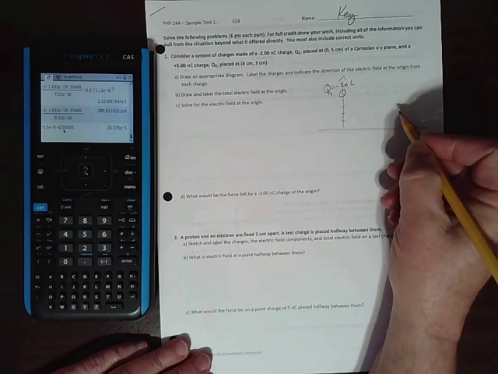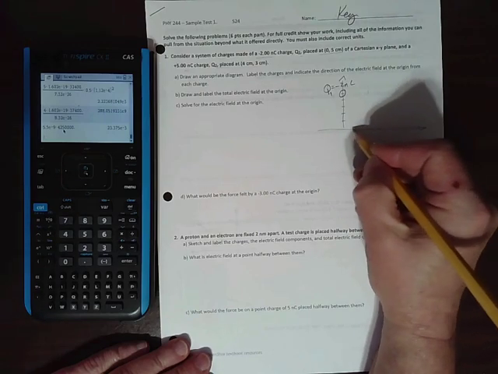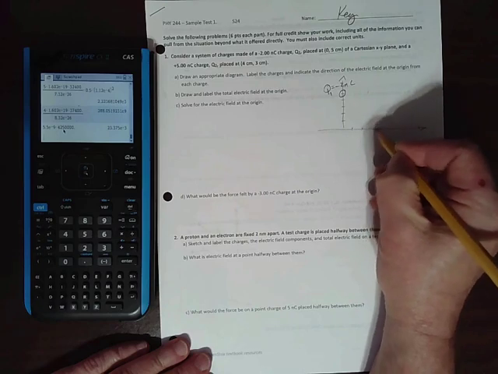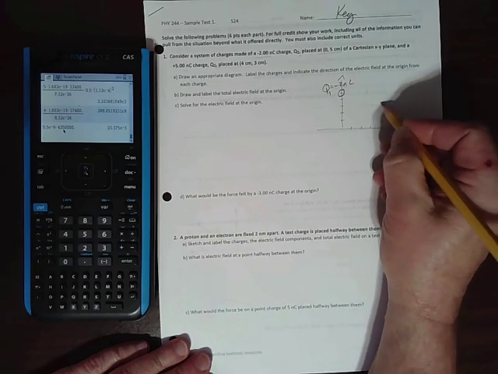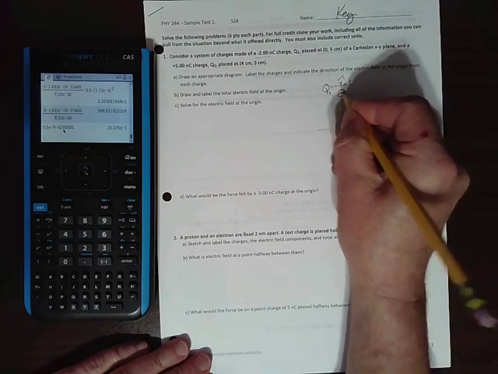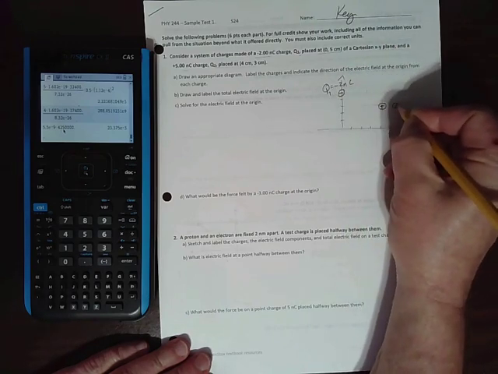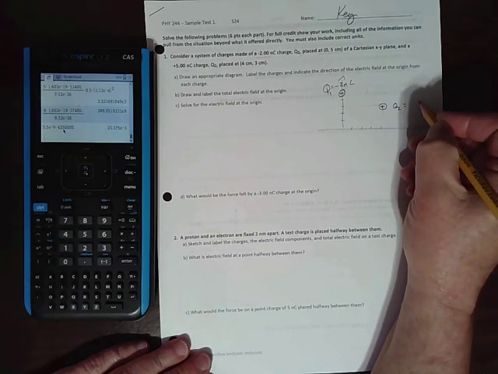Then we will have a 5 nanocoulomb Q2 at 4.3. Something like that. So this one was negative and this one was positive, Q2, 5 nanocoulombs.